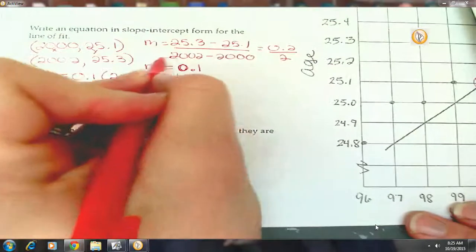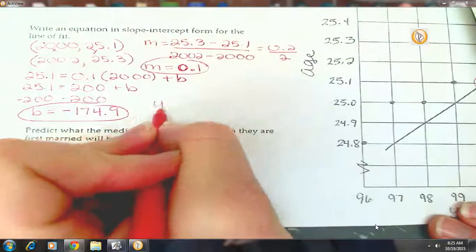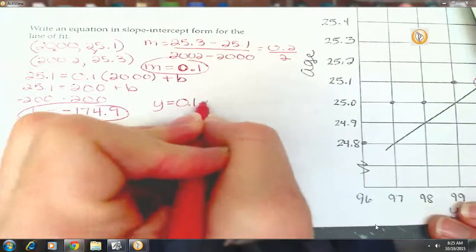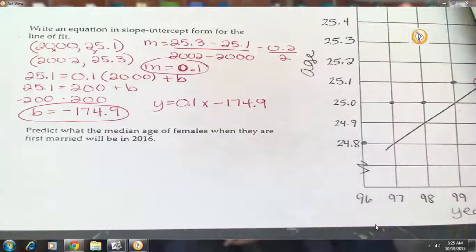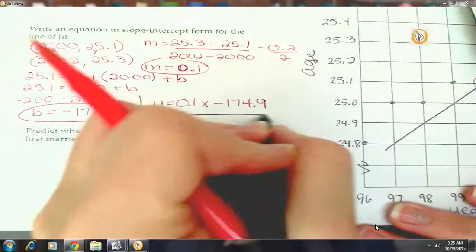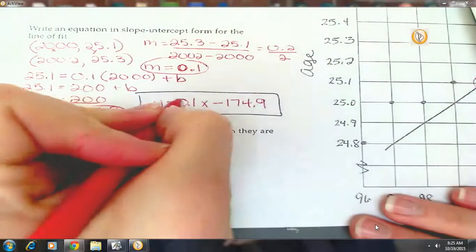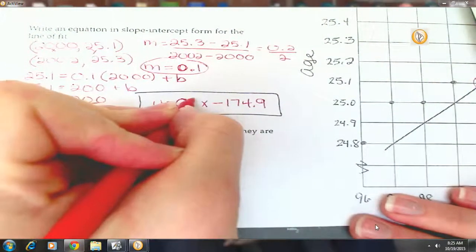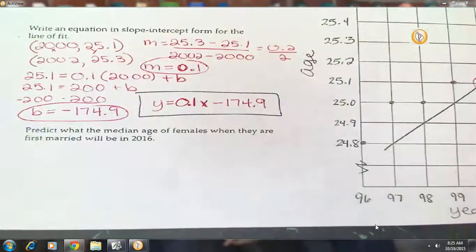Now that we have our slope and we have our y-intercept, let's write an equation. y equals 0.1x minus 174.9. It's okay if it's just 0.1. Yeah, I have 0.1 but if you have 0.1, that's fine.